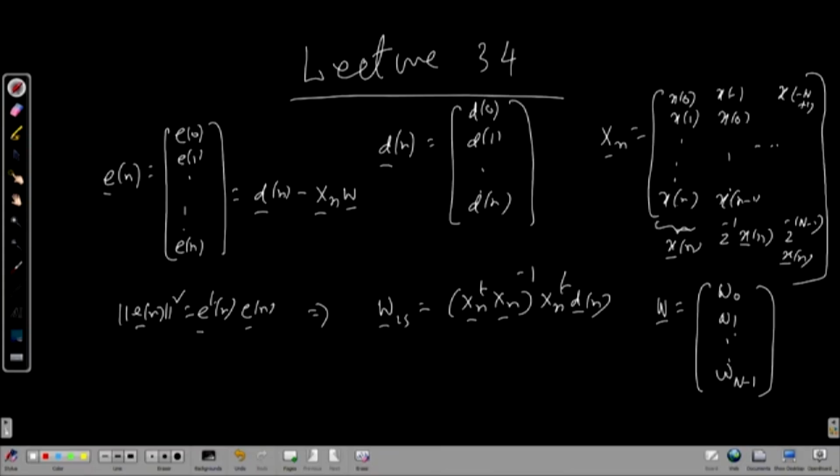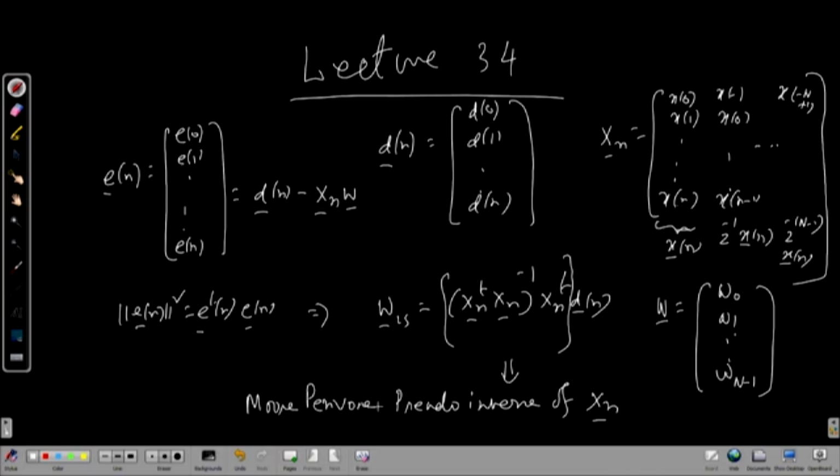This is this thing, this is called pseudo inverse of matrix Xn, actually called Moore Penrose pseudo inverse, also called least squares inverse of Xn.